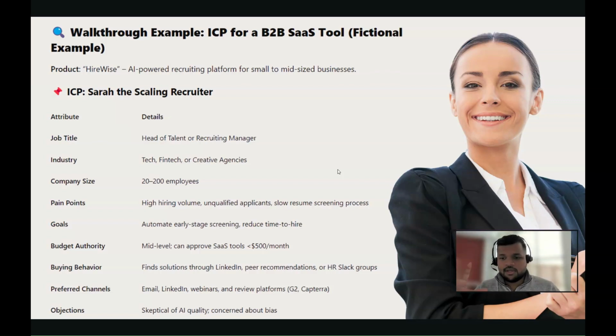Now it comes to the budget authority. This is the part of the ICP where we are going a little bit ahead in the context of product management. But this is very important, and it will make you an even better product manager in the industry, knowing the budget authority. A lot of marketing and sales folks will always like to ascertain who has the budget authority, who is going to sign the check, and who's going to approve the SaaS tools.